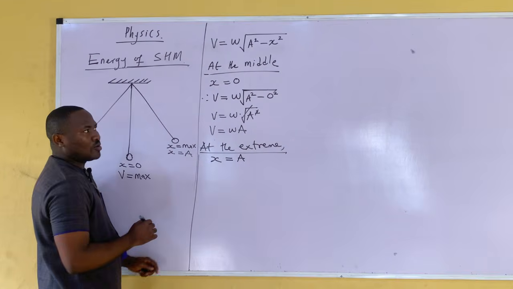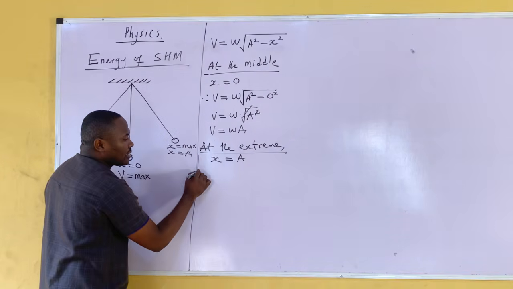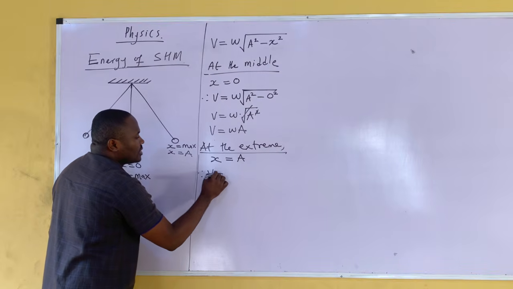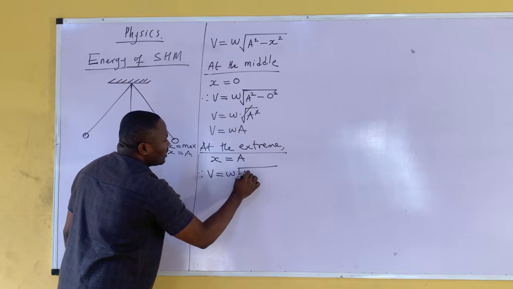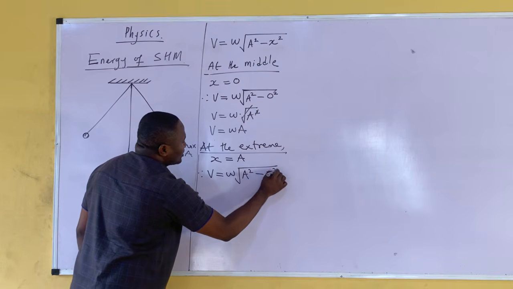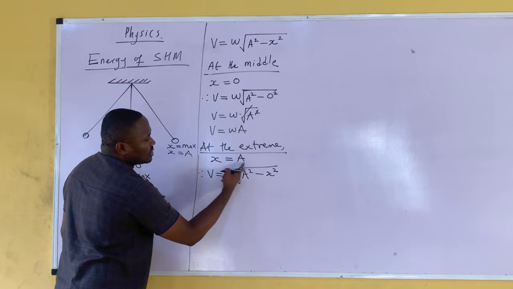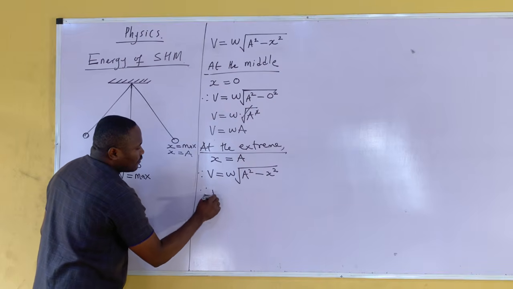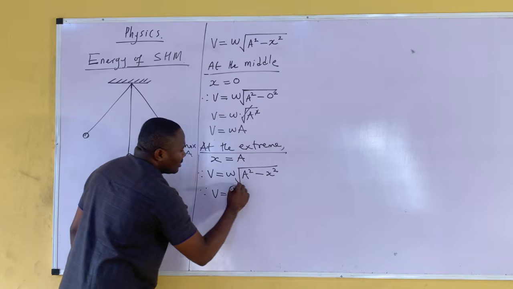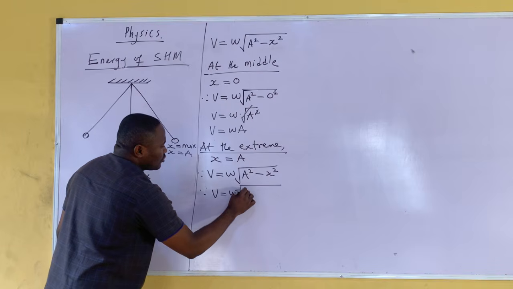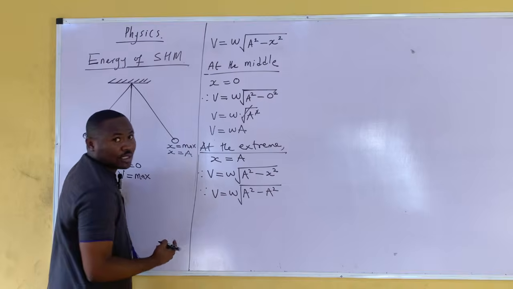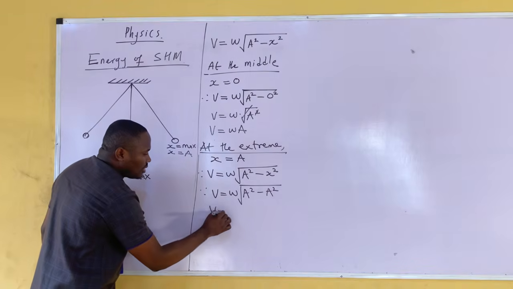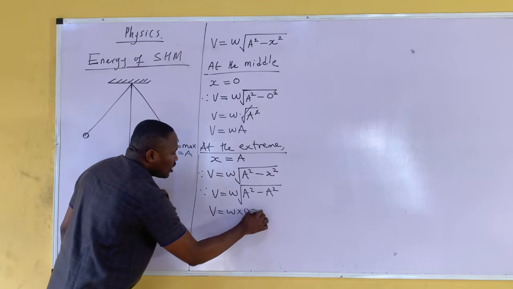If x equals A, bring down this formula again. Therefore, v is equal to angular frequency times square root of A square minus x squared. So if x equals A, I will now have v equals angular frequency times square root of A square minus A square. A square minus A square is 0. So v equals w times 0 equals 0.